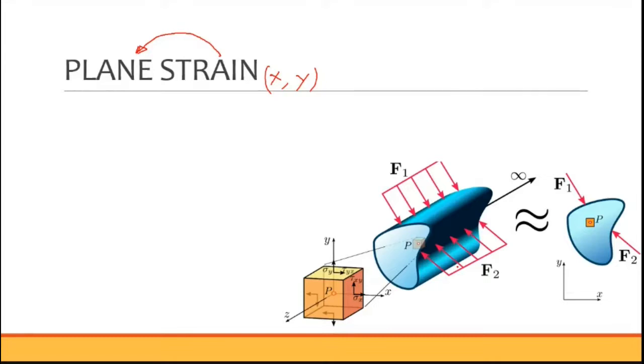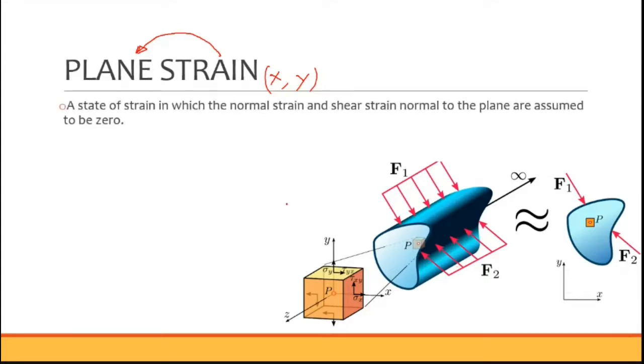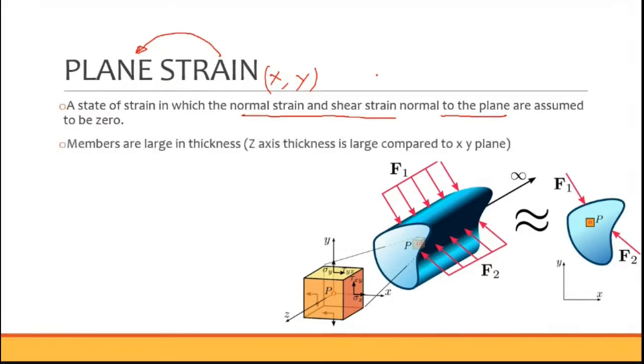So what is the statement? The state of strain in which normal strain and shear strain normal to the plane are assumed to be 0. That is, strains in the z direction are 0. It is always considered if you have a large thickness, when the thickness is very, very large compared to your x and y.